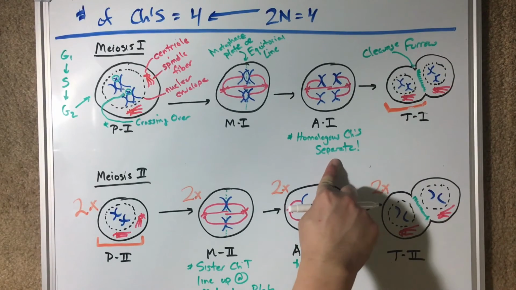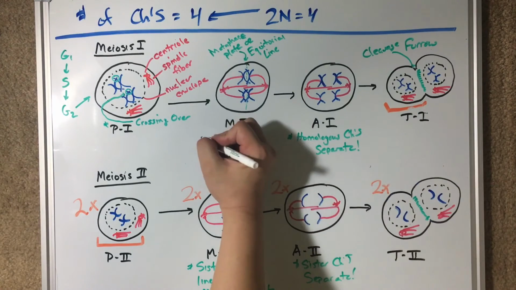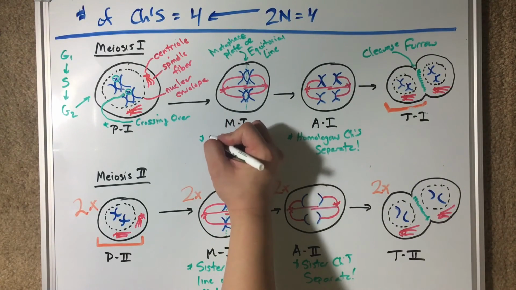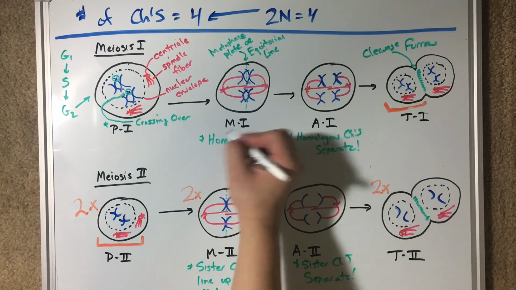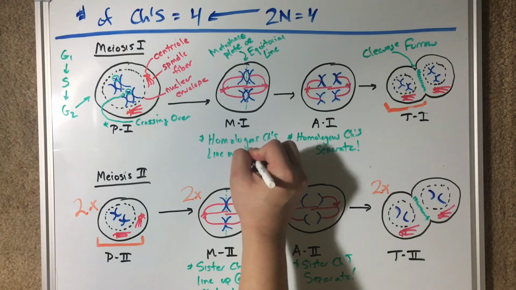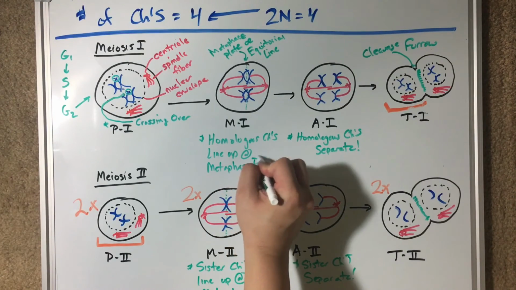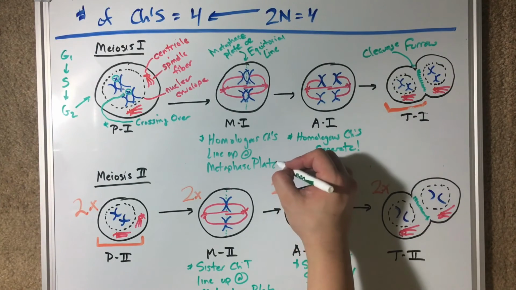Okay, versus in anaphase 1, homologous chromosomes separate. In metaphase 1, homologous chromosomes line up at metaphase plate. Okay? Should say plate.